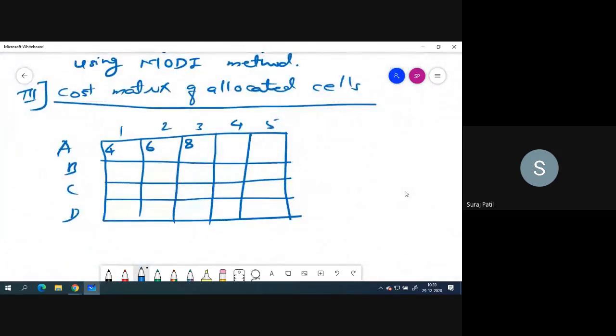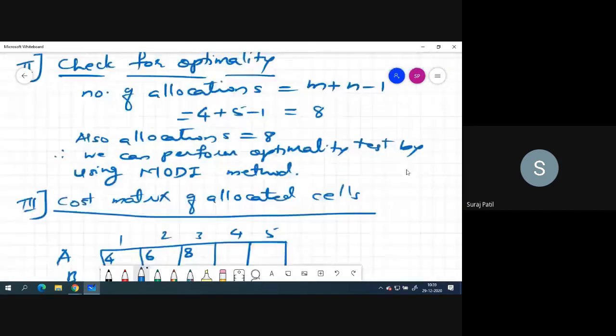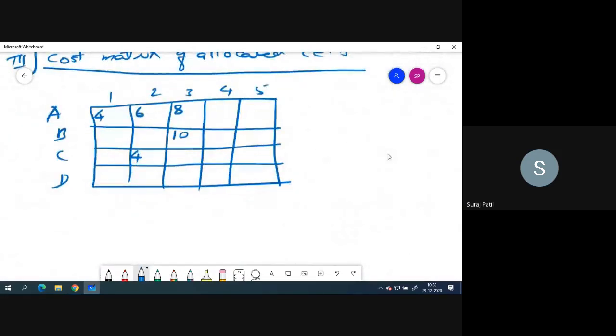So 10, just below this 10, and 4 is here. And the remaining 3, you just check in this: 13, 8, and 0. And these remaining cells are called empty cells.